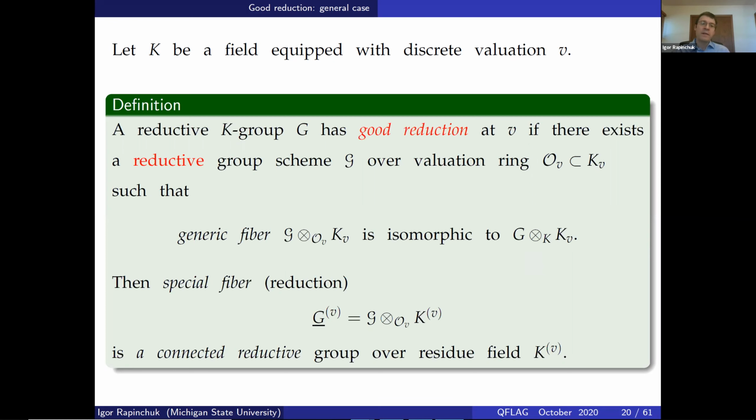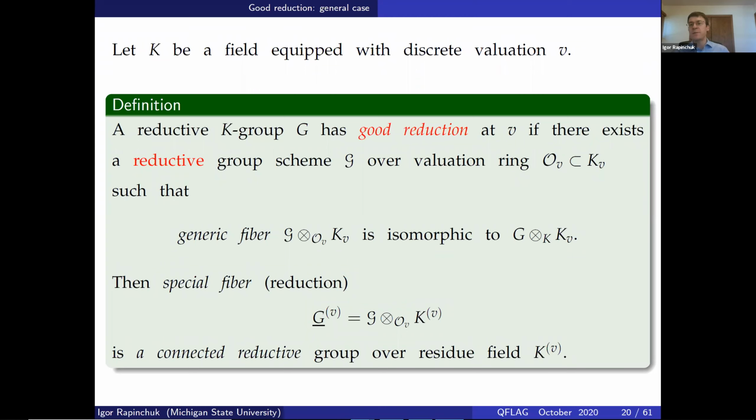And then automatically the special fiber, or the reduction, is a reductive algebraic group over the residue field. So in other words, the point to emphasize here is that we're insisting that our group has a nice integral structure, in this case over the valuation ring of the completion.